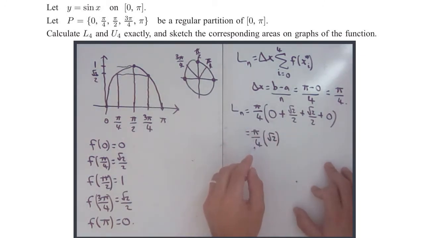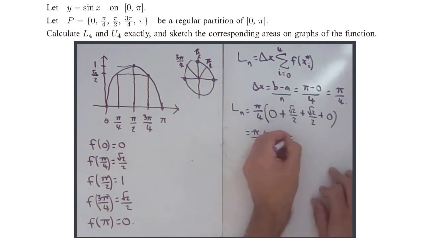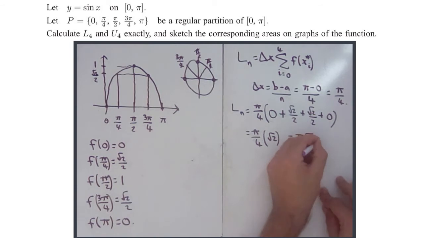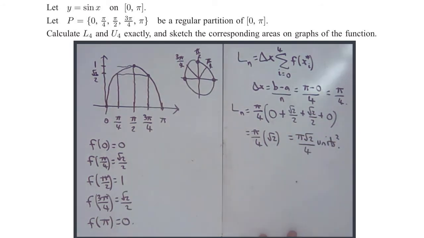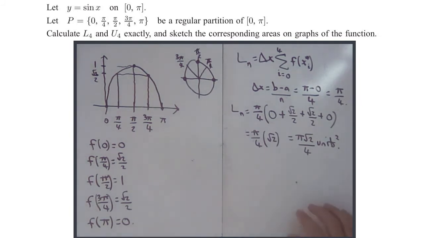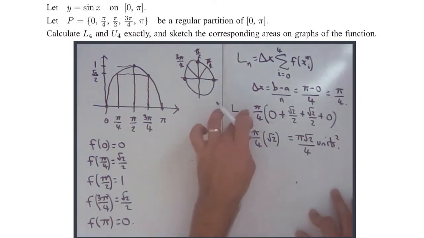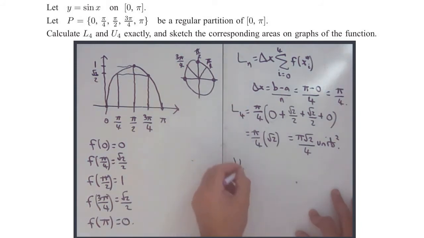So then we end up with pi root 2 over 4 units squared.